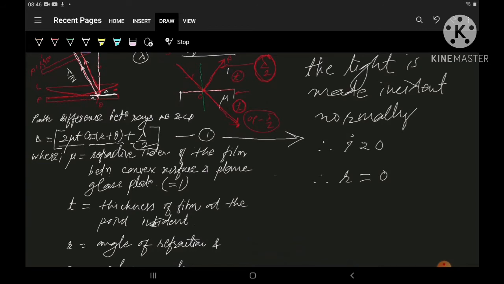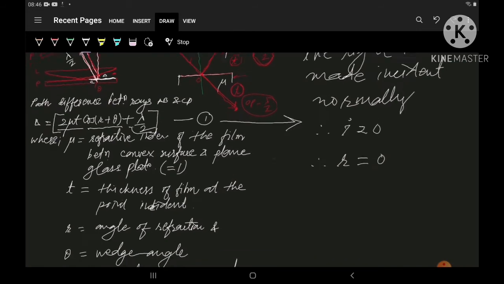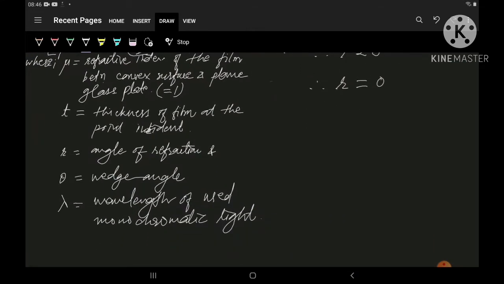Radius of curvature means the radius of that sphere from which this plano-convex lens is taken out. Suppose we have a large sphere like this, and its center is there. The plano-convex lens is taken as a cross cut.